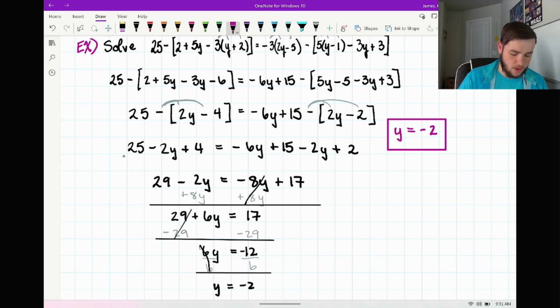Then, once all my distribution was done, I had some more like terms to combine, and now I'm left with a problem that looks just like the last one we did. I moved all of my y's over to one side, and then that left me with 29 plus 6y equals 17. I subtracted my 29 over, and it left me with 6y equals negative 12. And then I divided my 6 over, which left me with y equals negative 2 as the final answer.